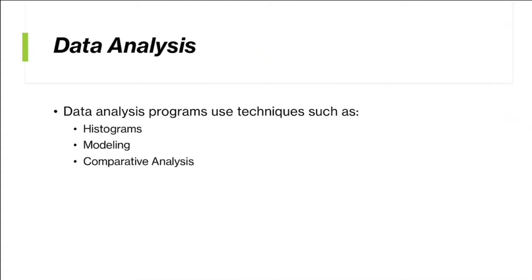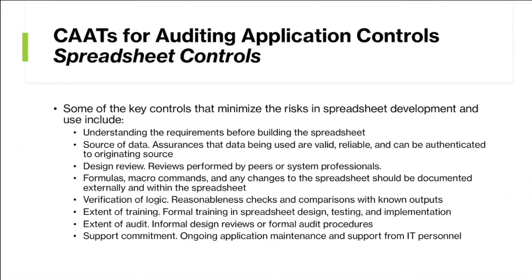Next, data analysis programs can use techniques such as histograms, modeling, and comparative analysis. We can also use CATs for auditing application controls. For example, spreadsheet controls, some of the key controls that minimize risk in spreadsheet development and use.